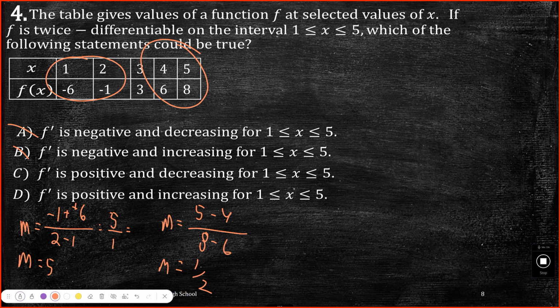It's 2, no? So it's positive. The slopes are positive, but what are the slopes doing? Decreasing.